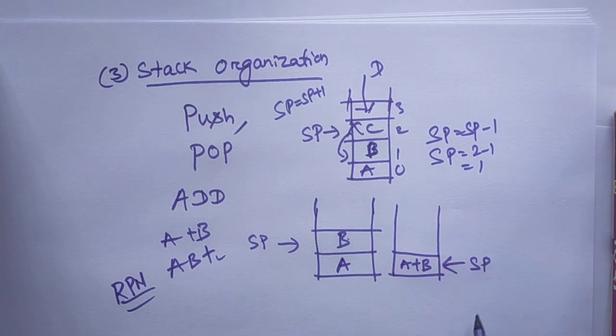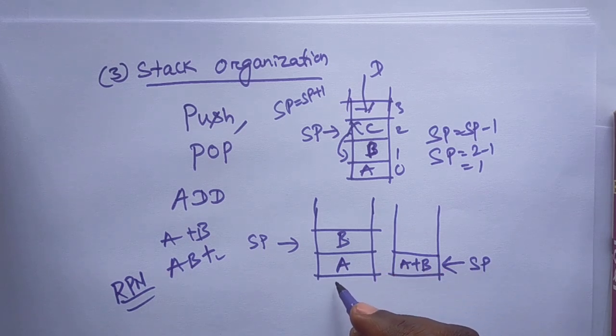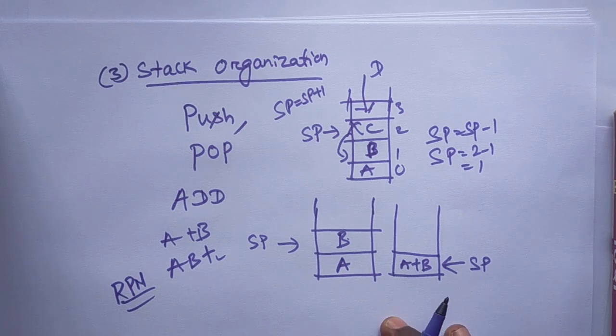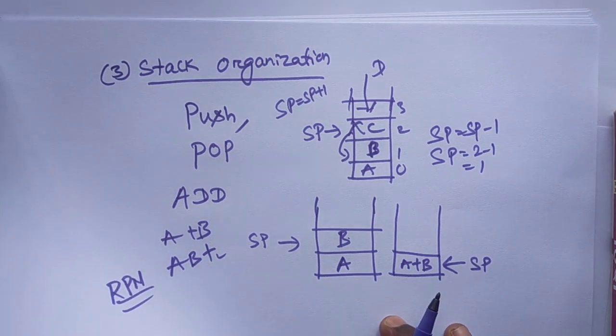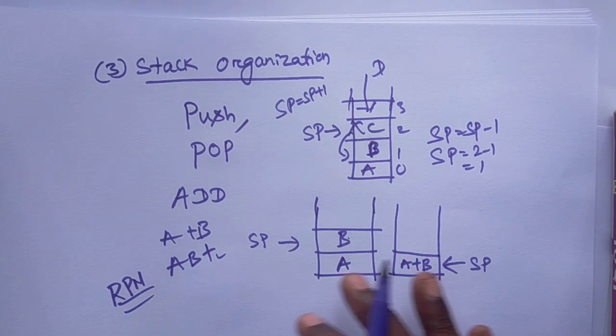This is the basic concept. Whenever any kind of operation is used through stack organization, there is no need to find its corresponding data address. Different data are stored in the stack, and we operate according to our requirement, whatever operation the instruction specifies. So this is the basic concept of stack organization for one kind of operation.